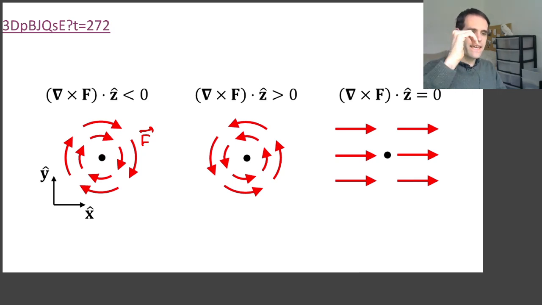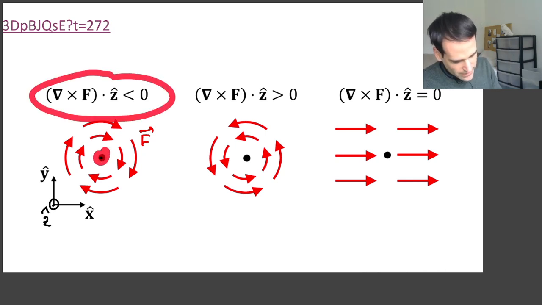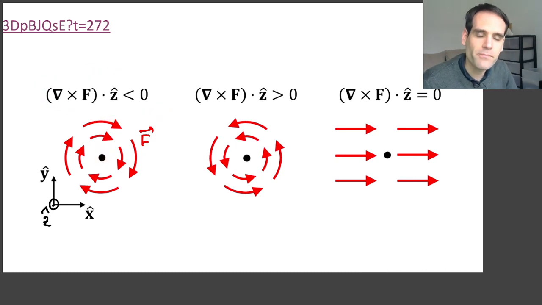Okay, so in this case, if you use your right hand, and you rotate with your fingers in the direction of the vector field F, your thumb will be pointing in the direction of the curl. So in this case, my thumb is pointing into the paper, which means that this is the negative z direction, right? Because the z-axis is coming outside of the page. So therefore, the curl of F calculated at this point is negative.